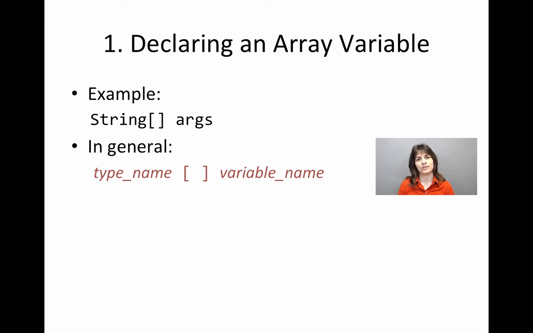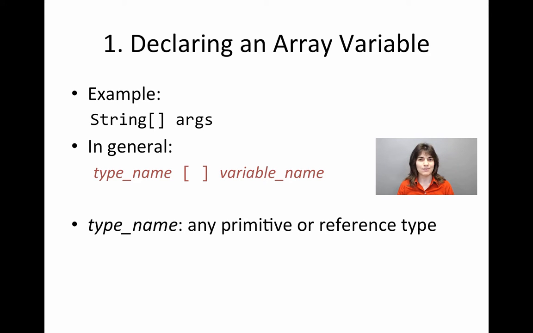However, it is good practice to put the square brackets right next to the type name. Why is that? This allows you to look at the variable type and see its type in one place. You don't have to combine the type name and the square brackets from two different places in order to figure out the type of a variable. The square brackets and the type name are together. It gives you a good idea of what the type of that variable is.